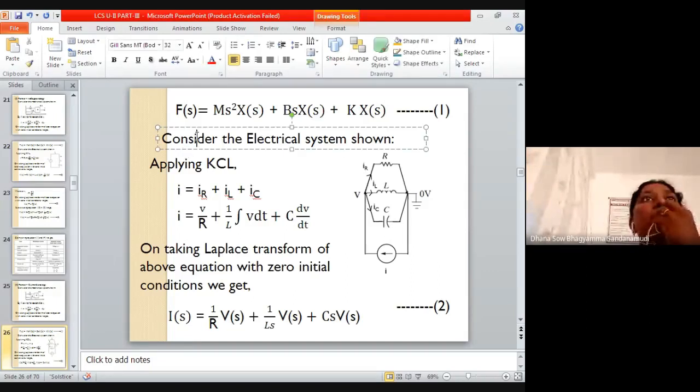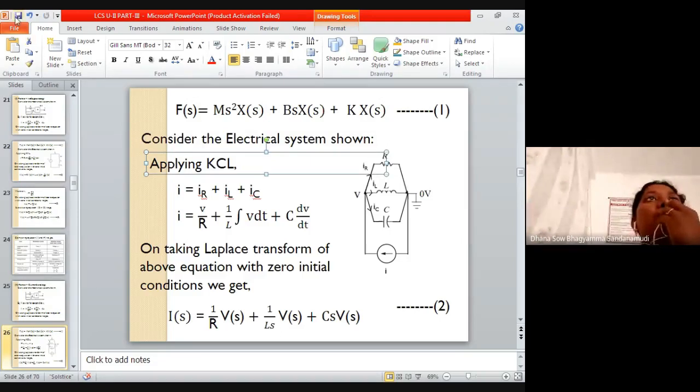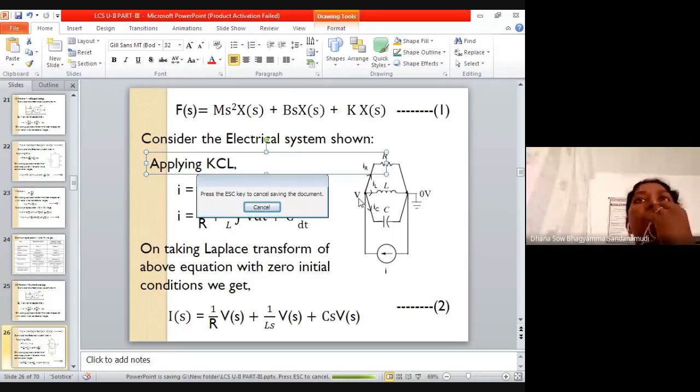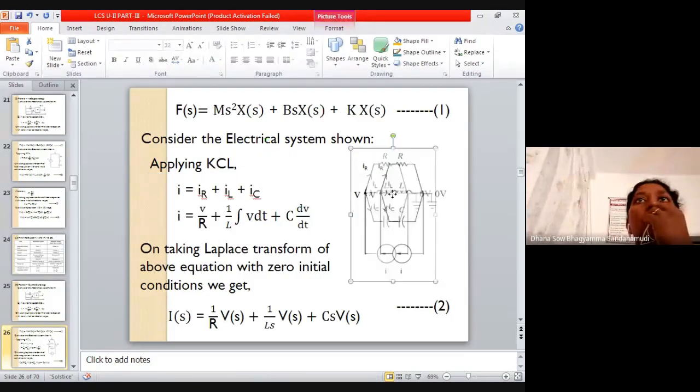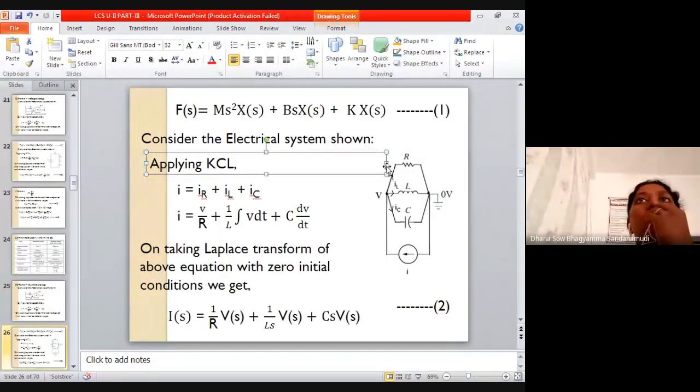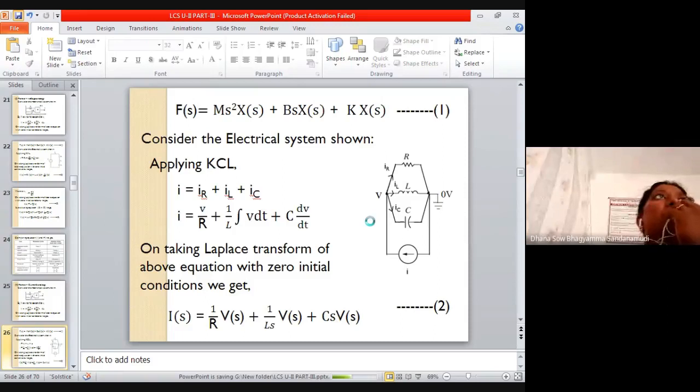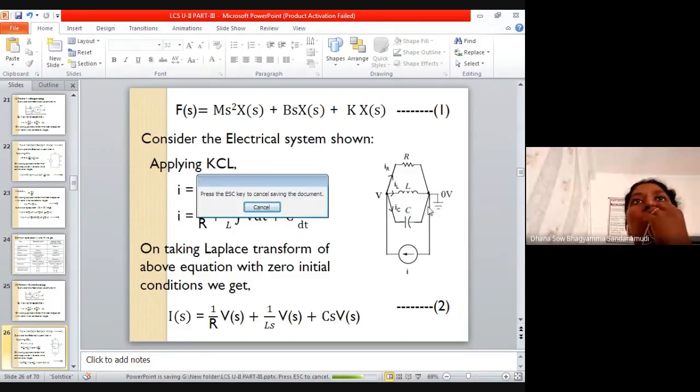Now let us consider an electrical system. Okay, so this is our electrical system. So I have considered an RLC circuit.